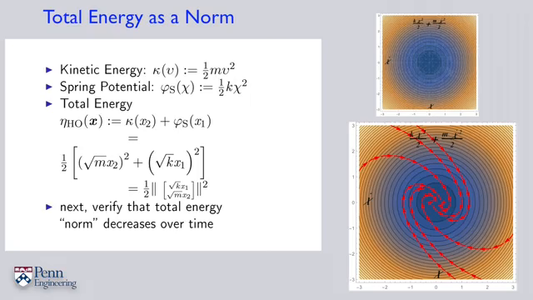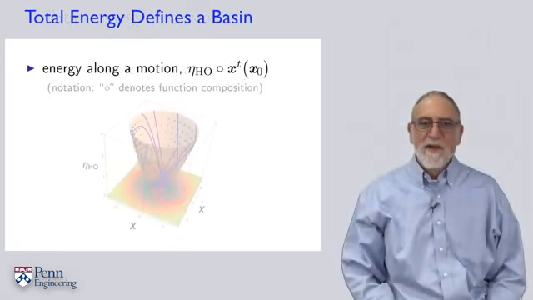And what you can see visually in this picture is that from any initial condition, if you follow the arrows, energy is decreasing. Energy is getting bluer and bluer and bluer. That is, the total energy norm, we're interpreting it as a norm, decreases over time.